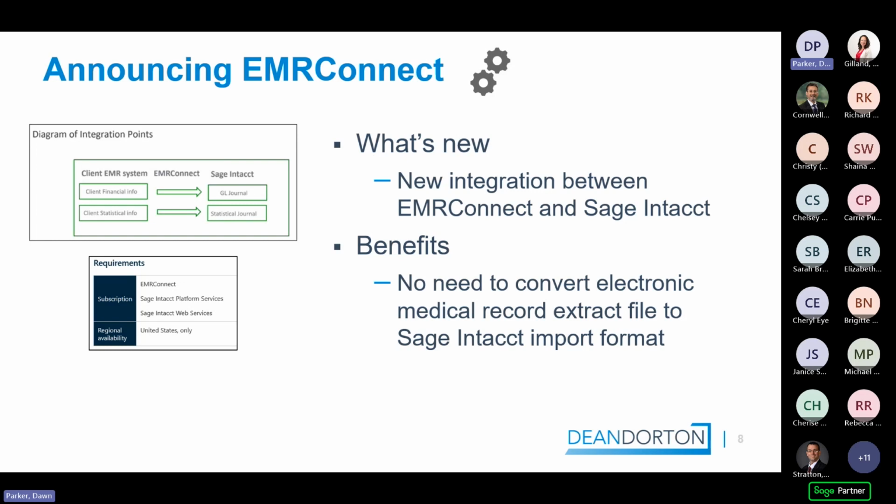Before, you would have taken that download from your EMR and put it in the Sage Intacct import format, and there would have been some back and forth of trying to get that in the correct format. But now that EMR Connect integration takes that need away. So that is a big deal that our healthcare clients can take advantage of.